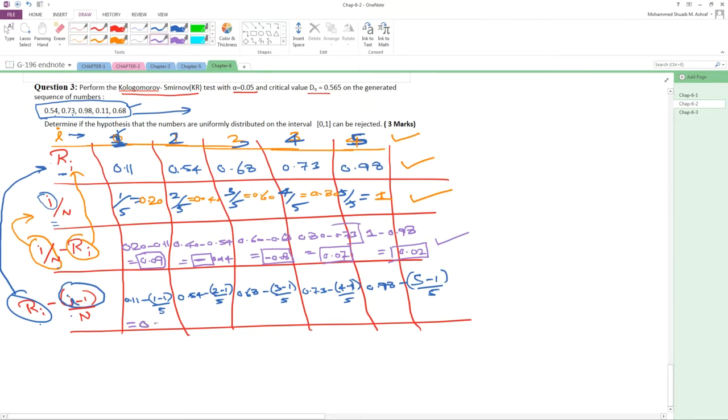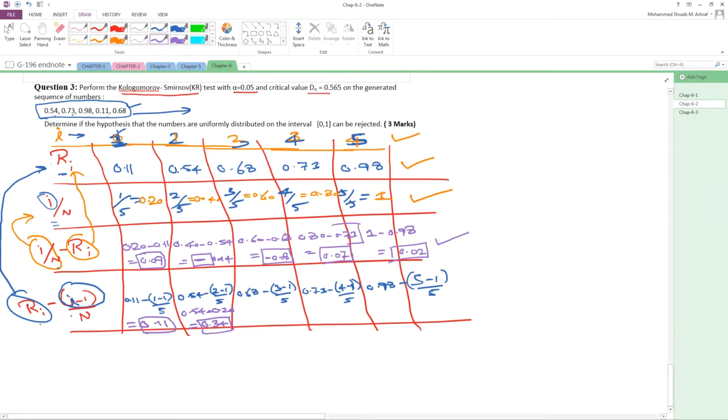It is automatically 0.11. Here 2 minus 1 is 1 by 5, which is 0.20. So 0.54 minus 0.20 is 0.34.